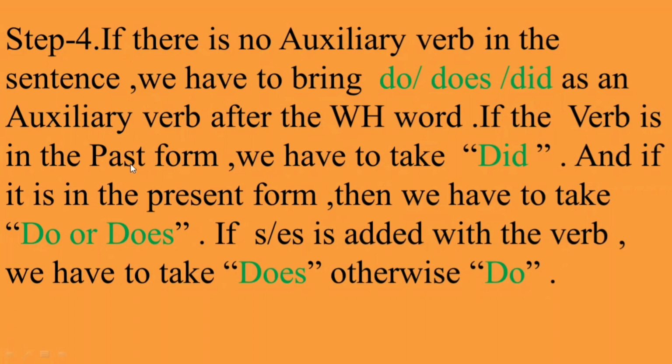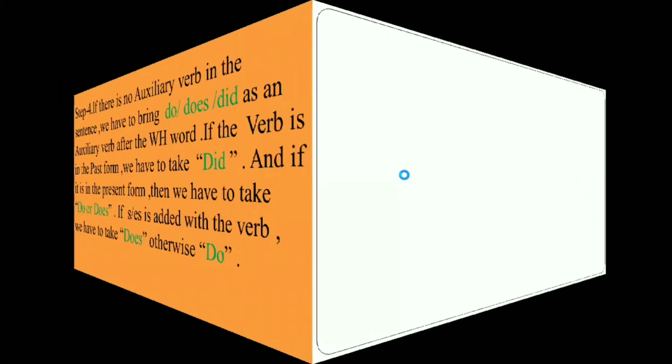If the verb is in the first form, we have to take did as an auxiliary verb. And if it is in the present form, then we have to take do or does. If s or es is added with the verb, we have to take does. Otherwise, do. Okay?